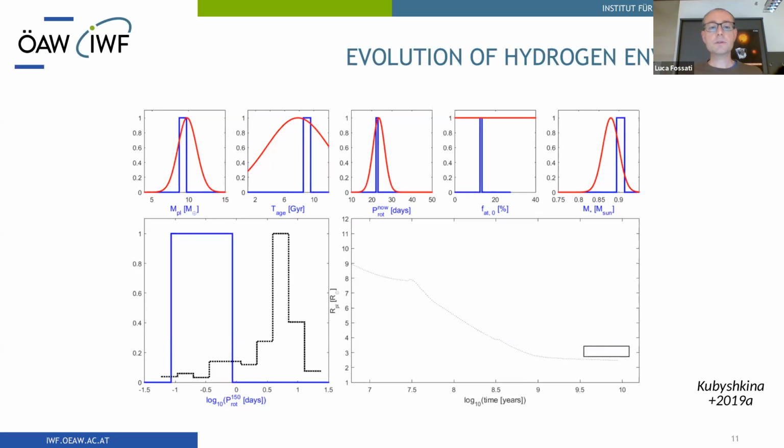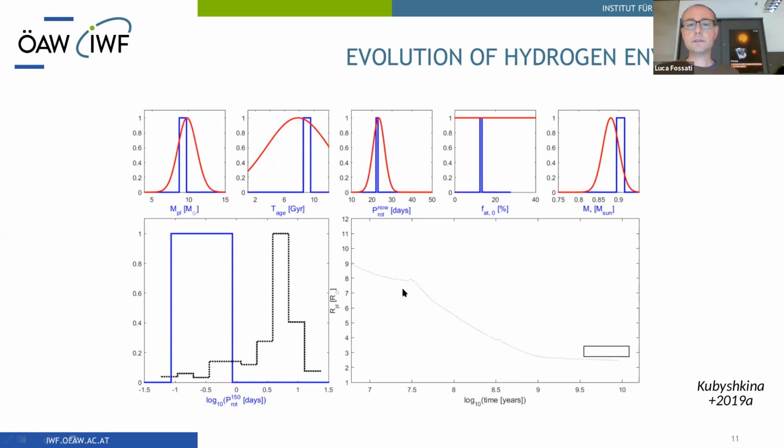And then we have also a flat prior for the initial rotation period of the star. And here we use as a proxy the rotation period of the star at an age of 150 million years. And in this plot, you see another dotted histogram, and this dotted histogram is the distribution of rotation rates observed in open clusters of an age of 150 million years.